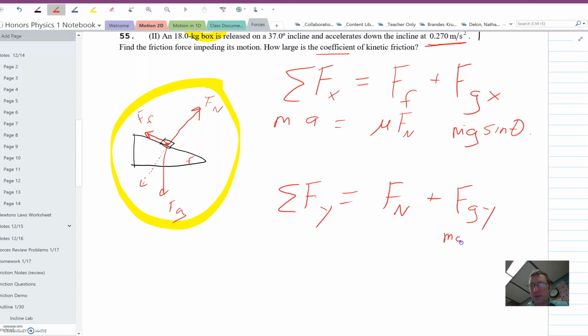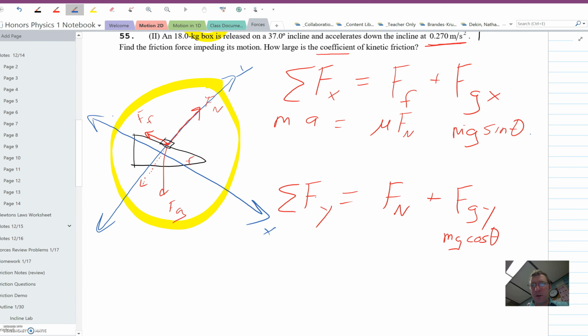Now that's our mass times gravity times cosine of that angle we know. Again, the coordinate system goes like this, how do I draw it? This is our y, and this is our x.